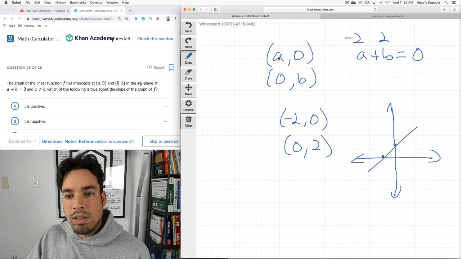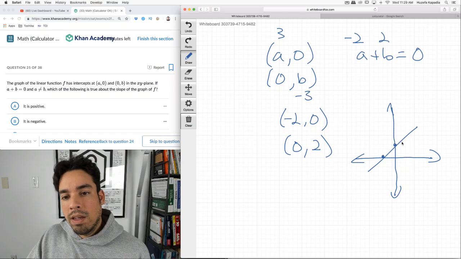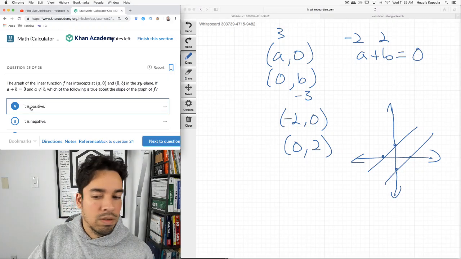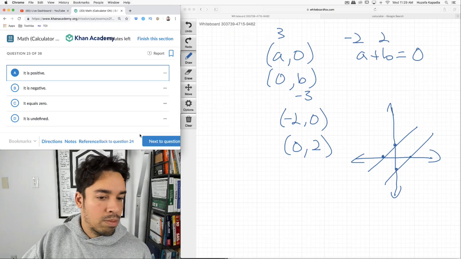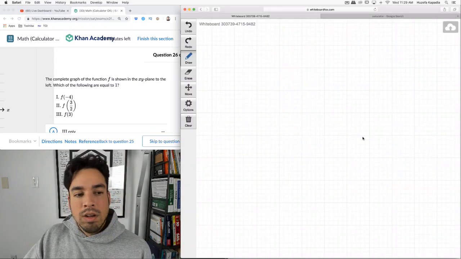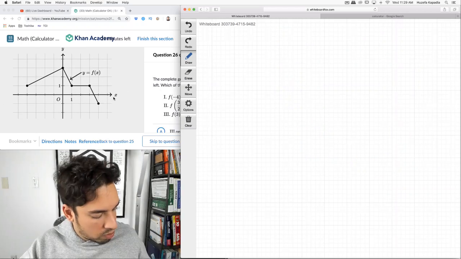So let's pick 3 and -3. (3, 0) and (0, 3). Also positive. It's positive. Done. Just had to try a couple examples. All right. We got a graph. Let's take a screenshot.